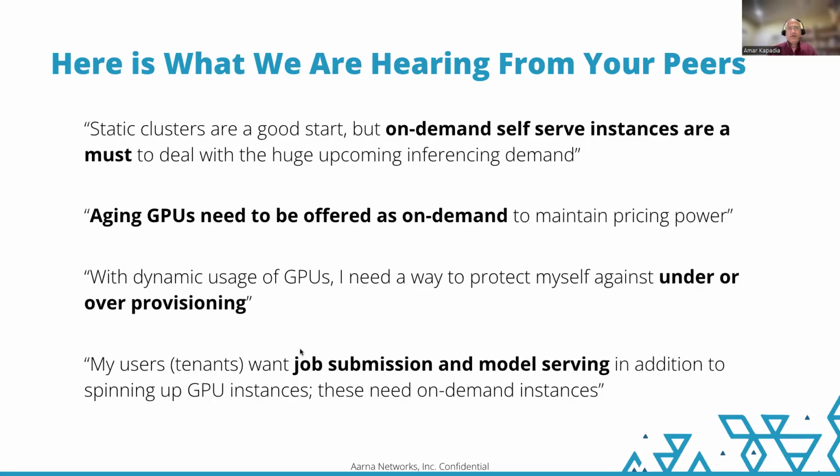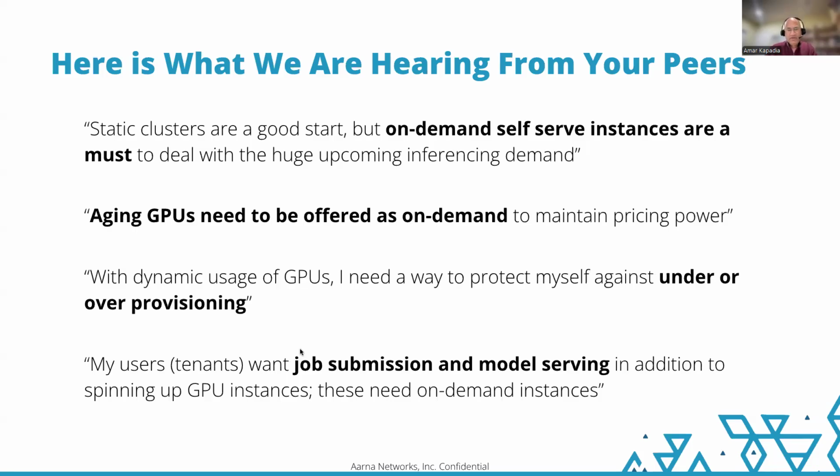If you just have very few but very large training customers that are signing up for long periods of time, then static allocation works great. But once the workload shifts more to inferencing and even to other things like fine-tuning or small language model training, then on-demand instances become mandatory.